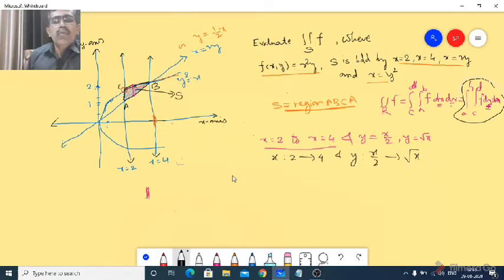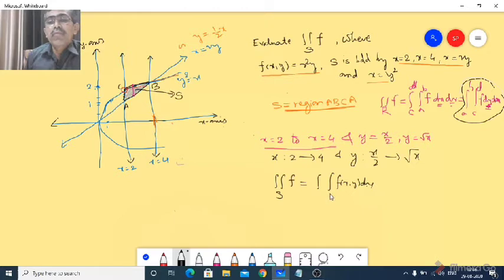Therefore, the integral of f over S, I want the integral with respect to y first, so I write f of xy dy.